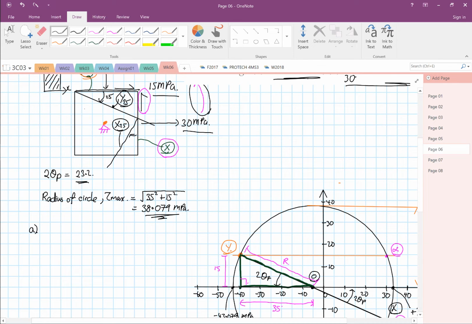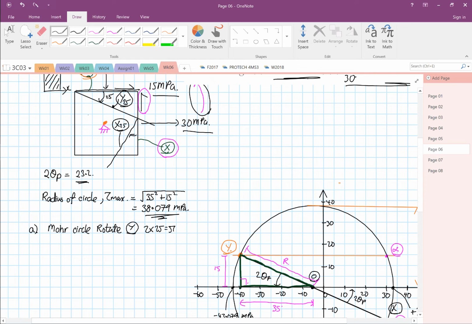Now we're going to rotate on the Mohr circle, from point Y by twice 25.